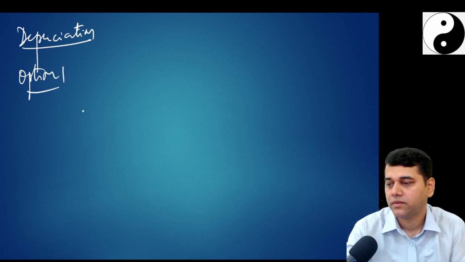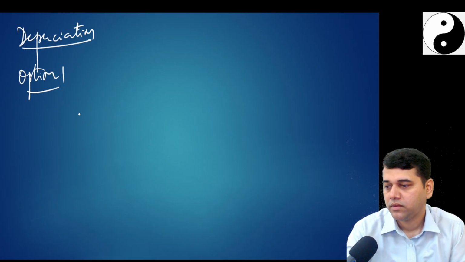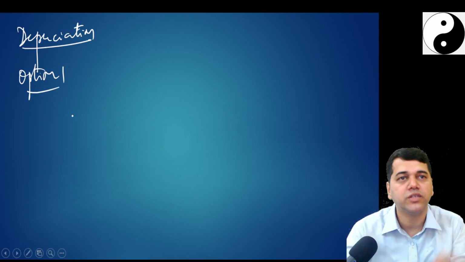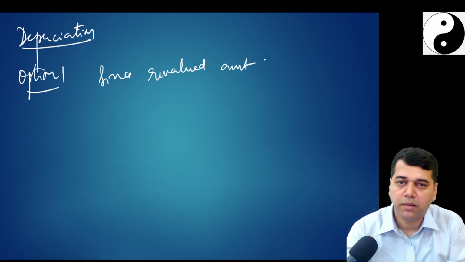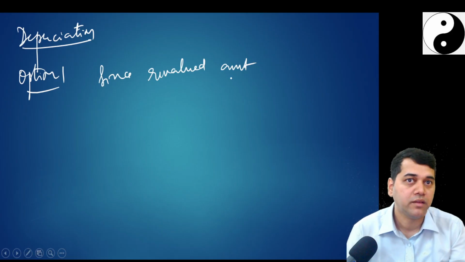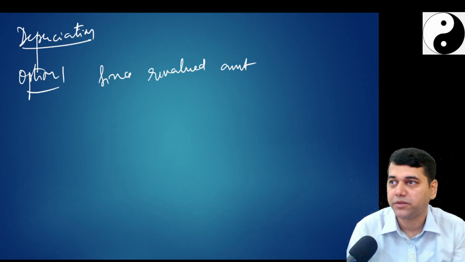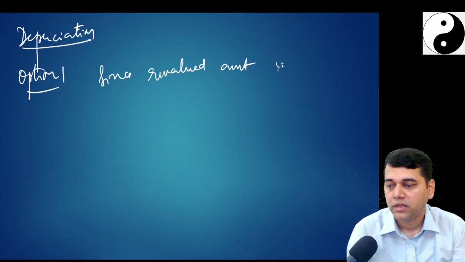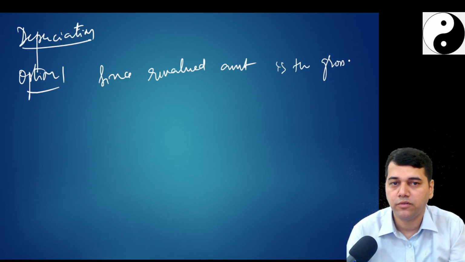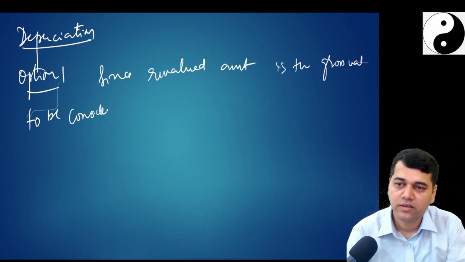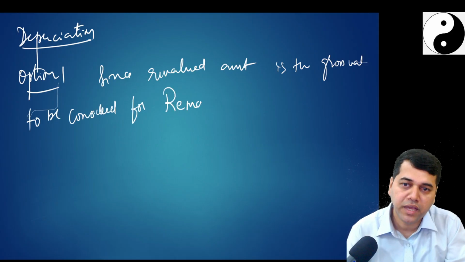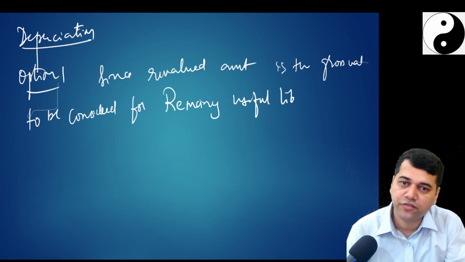Advice now. Option 1. How do we charge the depreciation going forward? Since it is the revalued amount, if we opt for the first method where we eliminate the depreciation, the revalued amount is the gross value to be considered for the remaining useful life.